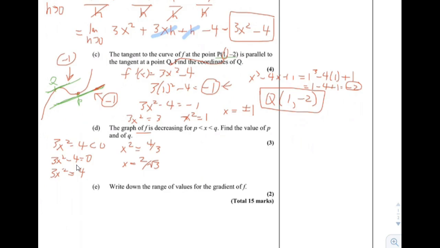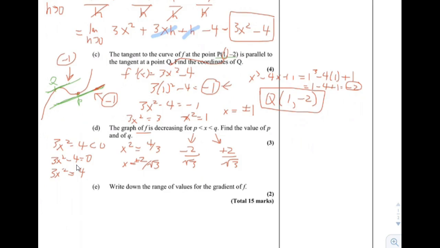And I'm sorry, it's not just x equals 2 over square root of 3, it's x equals plus or minus 2 over the square root of 3. Okay? So the values here of p and q, one is going to be negative 2 over square root of 3, and the other one is going to be positive 2 over square root of 3. Okay? So those are the values that give you a 0 gradient.